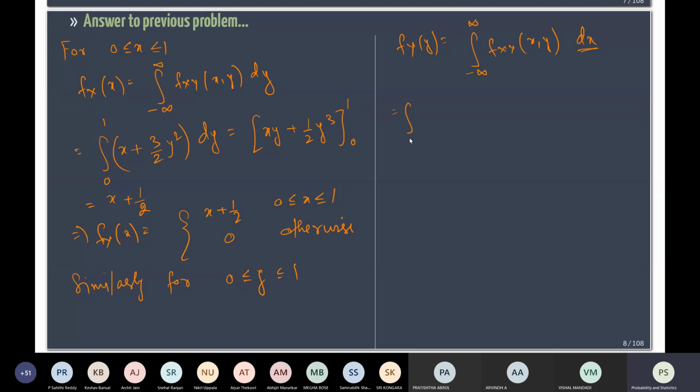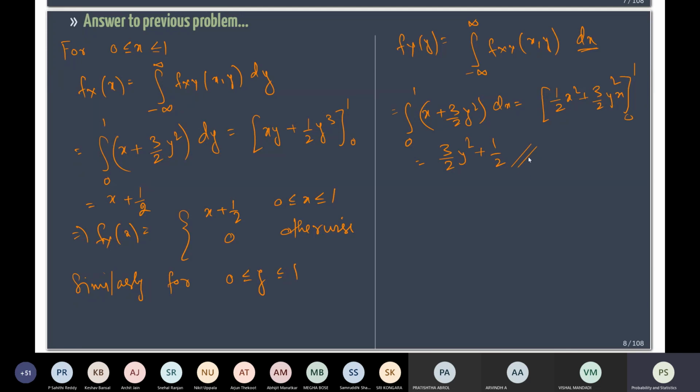In this case it will be 0 to 1, x plus 3 by 2 y square dx. If we integrate this out, this will be half x square plus 3 by 2 y square x, from 0 to 1. Now we are putting in the values of x. What will be left is 3 by 2 y square plus half.